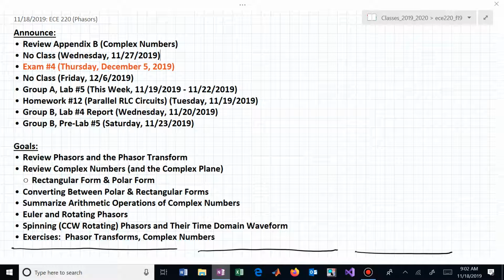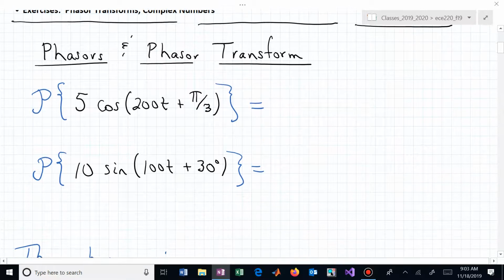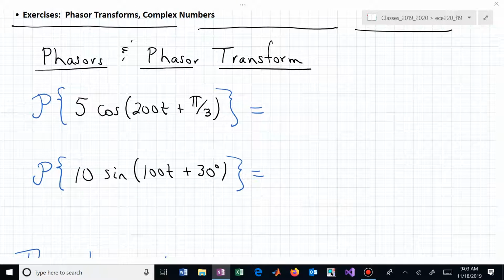We'll try to give some pictures of that with time response waveforms and these rotating phasors. Then we'll get into some exercises, although we're going to be doing exercises from the beginning.